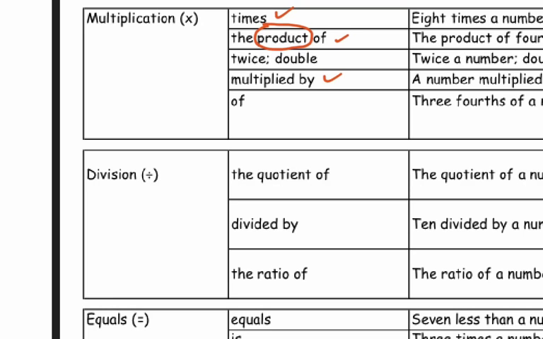And then another way in math that you say multiply is the word of. So if you see something like half of 12, then you would take half times 12, because of means multiply. So let's write over here product, because that is the real word, the most correct word to say times.